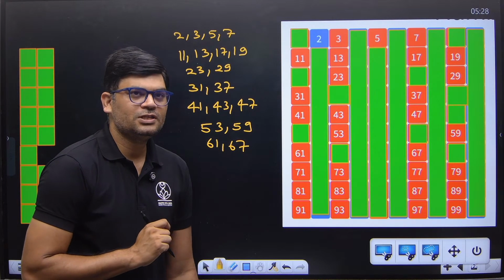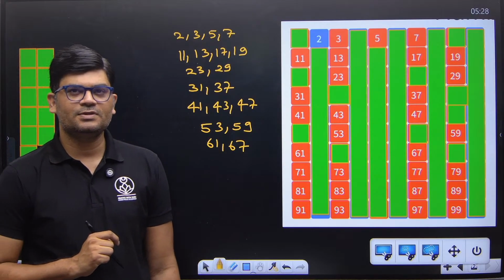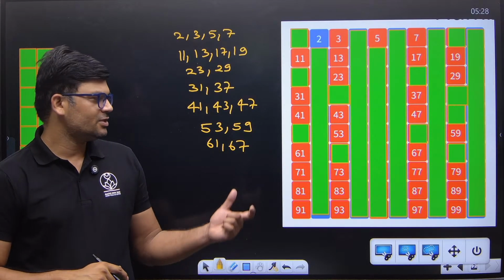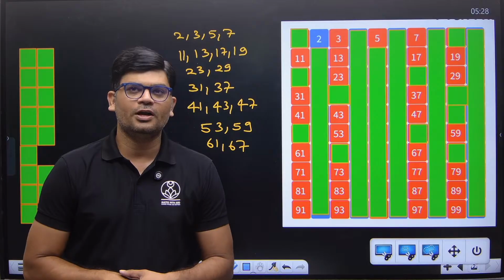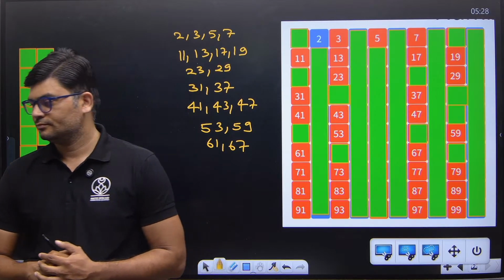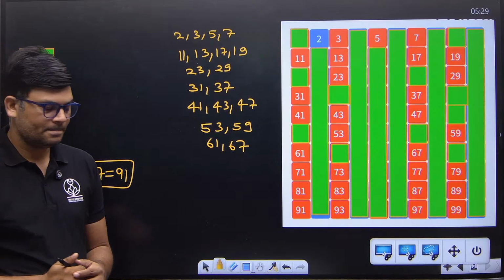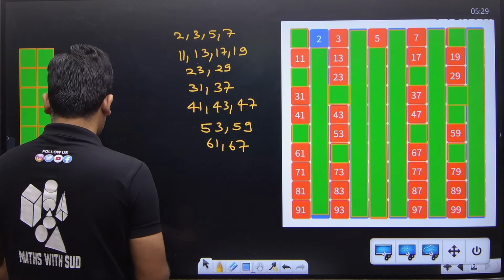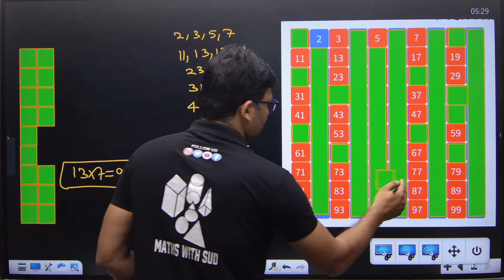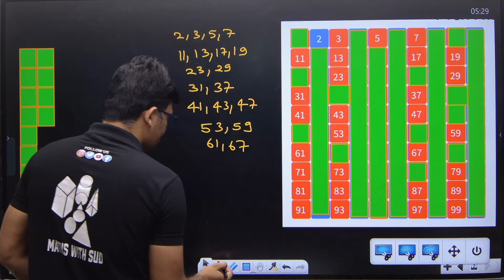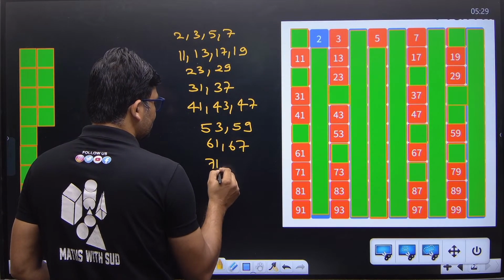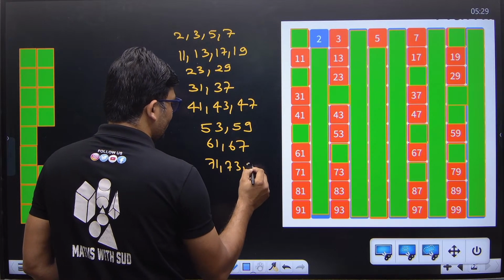In the next row, 71, 73, 77, 79. Can you tell me a number which is either divisible by 3 or divisible by 7? 77 is divisible by 7. Wonderful. So the remaining prime numbers are 71, 73 and 79.